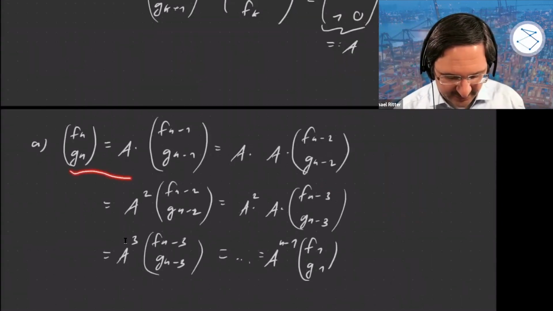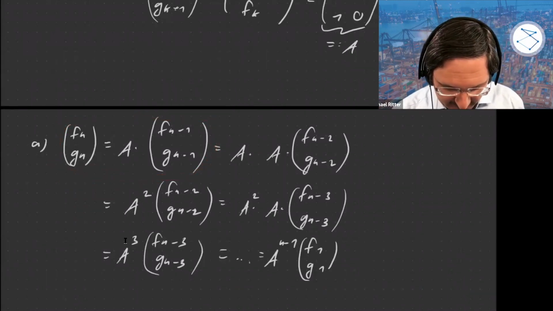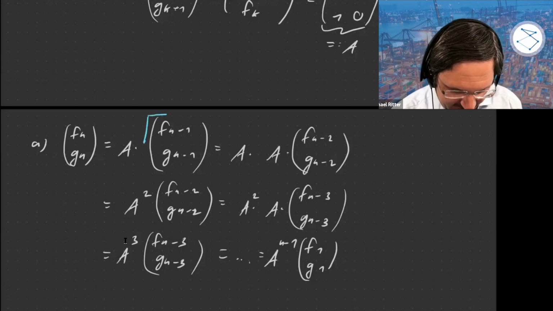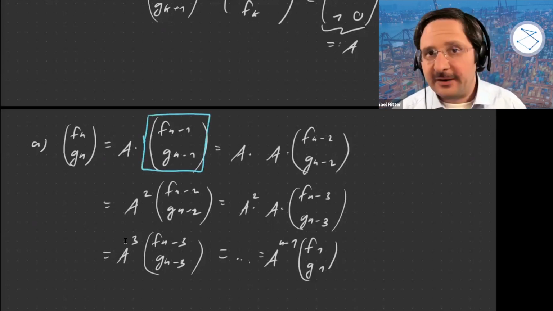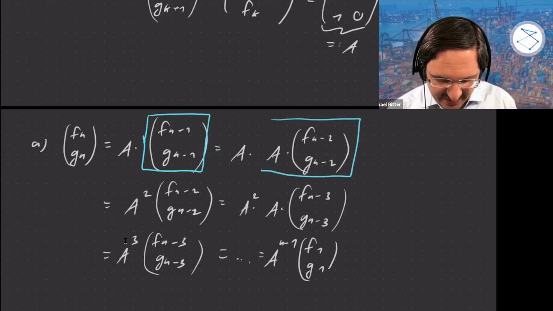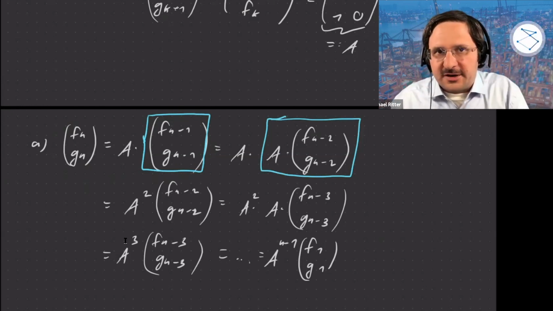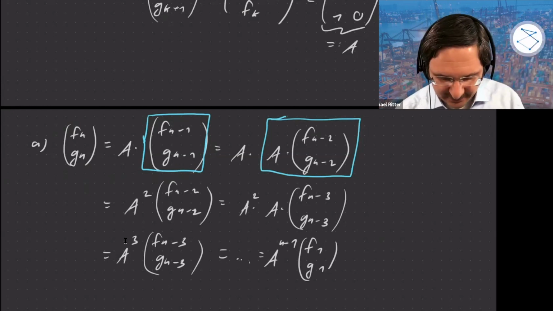I'm starting with applying it once to F_n G_n. Then I'm taking this vector here and applying the recursion formula to that. What I get is A times, and then I have to lower the indices by 1, so instead of n-1, I get n-2.